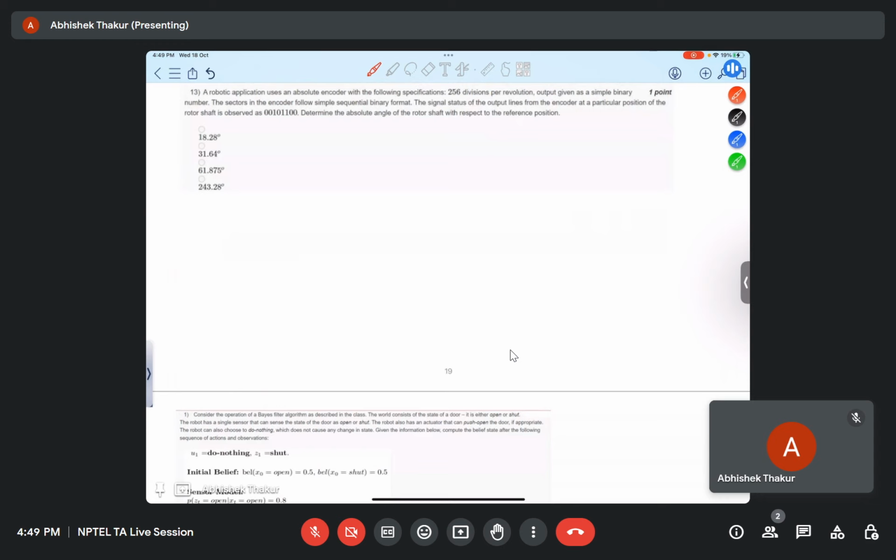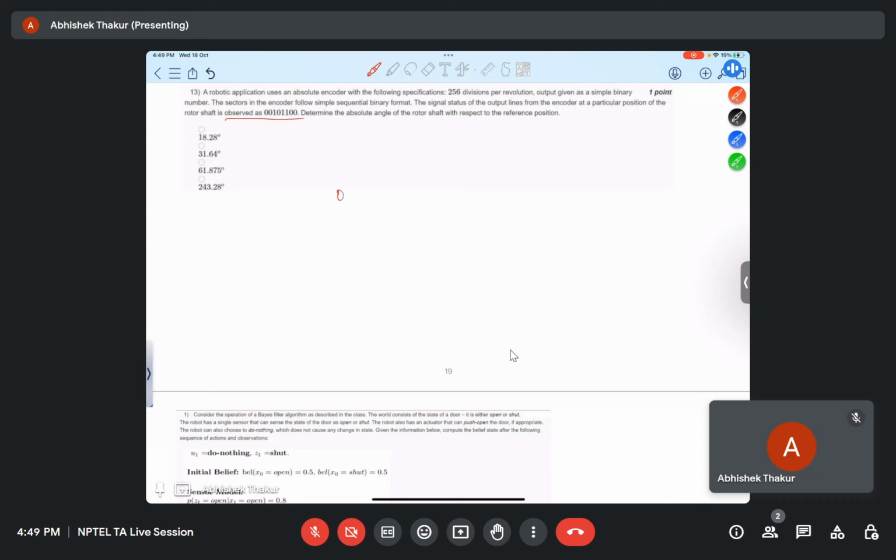So a robotic application uses an absolute encoder with the following specification: 256 divisions per revolution. Output given as a simple binary number. The sector in the encoder follows simple sequential binary format. The signal status of the output lines from the encoder at a particular position of the rotor shaft is observed as this.